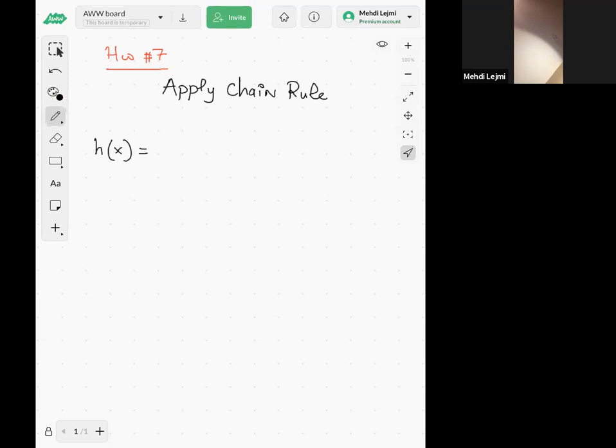Let's say you have sine of the square of cosine of x, so sine of cosine squared of x.